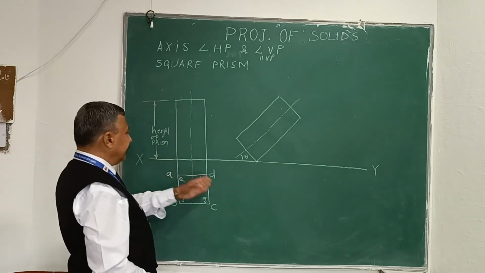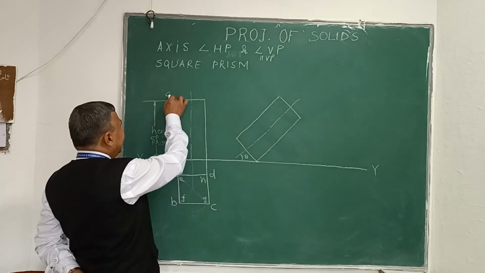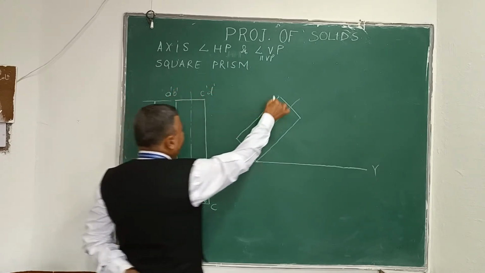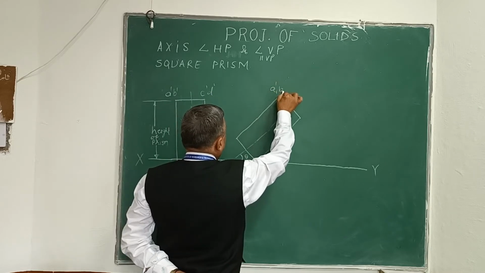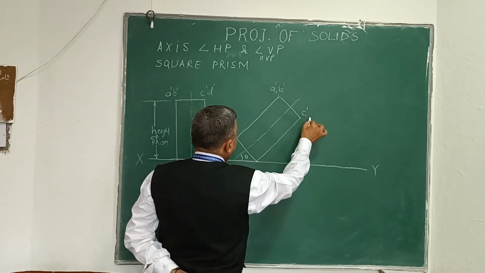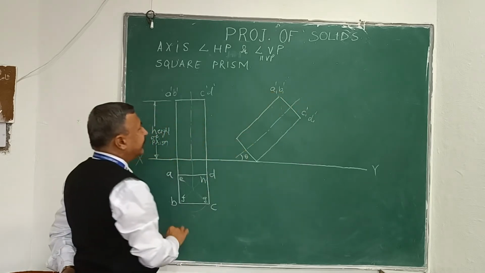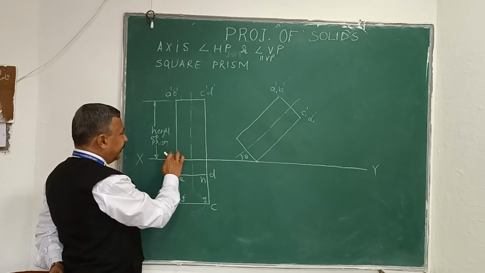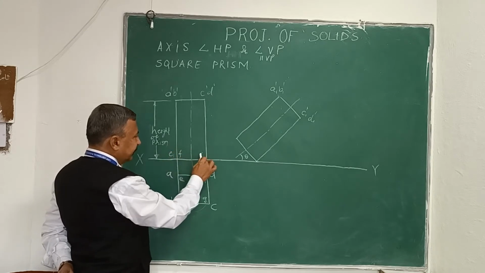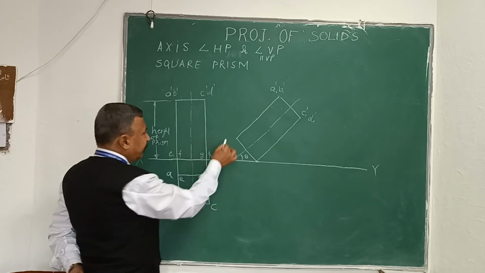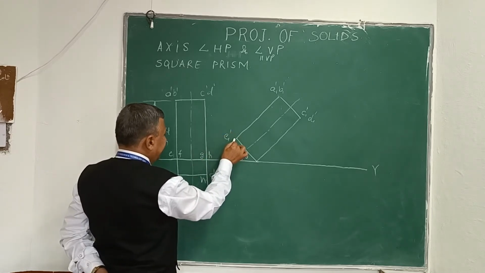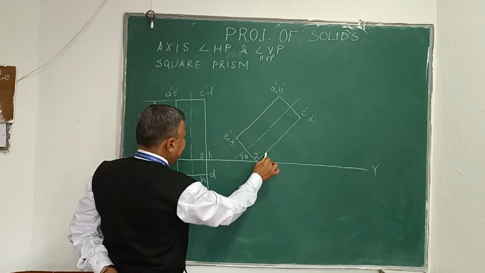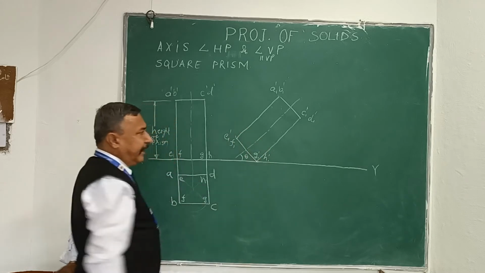Now mark all these points. Suppose A, B, C, D. This is A dash and B dash, this is C dash and D dash. So this is A1 dash and B1 dash, and this is C1 dash and D1 dash. Just like this, E, F, G and H: this is E1 dash, F1 dash, G1 dash and H1 dash.